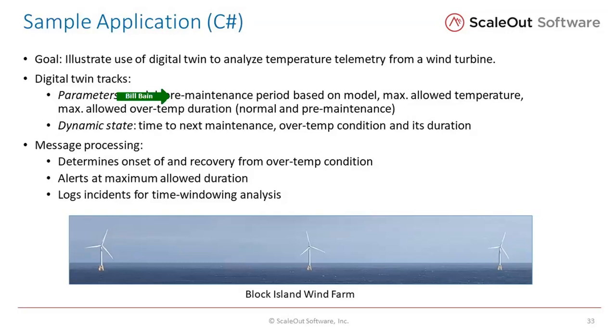As we get over-temp readings from the wind turbine, we want to handle them differently if they're in normal operation or in pre-maintenance, in which we might want to step in more quickly and shut down the wind turbine. So our message processing is looking for the onset of an over-temp condition and alerting when a maximum allowed duration occurs. And it's using this time windowing concept to analyze events that have been logged.